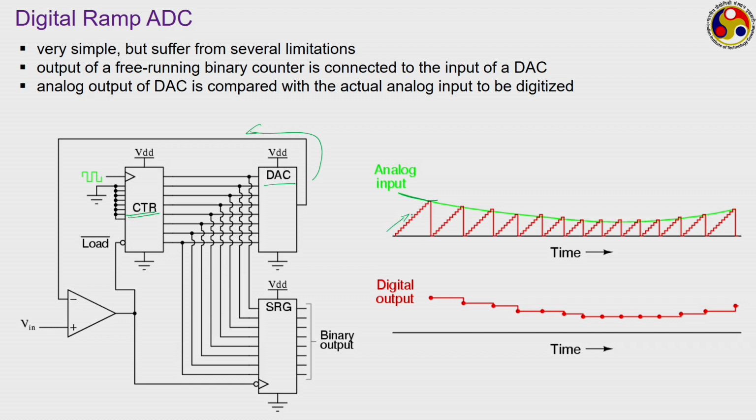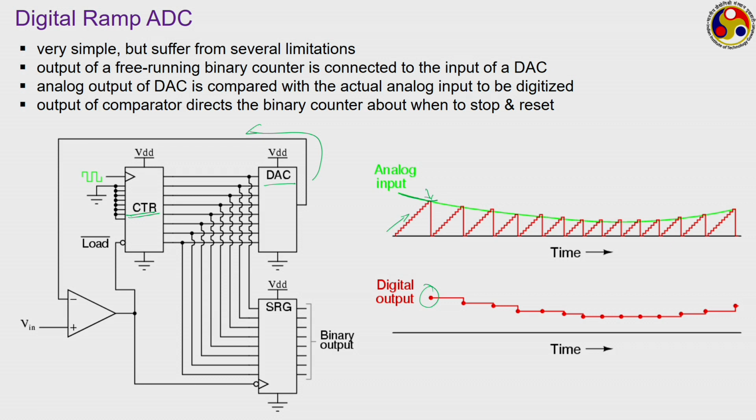Just look here, your analog value is this over this range, and your counter is increasing, so the voltage corresponding to the digital to analog conversion keeps on increasing. Just at this particular point it is touching the analog signal or maybe just crossing it. So, this comparator will activate a control mechanism which will stop the counter, thereby giving this particular digital output value, and the counter will be set back to 0.